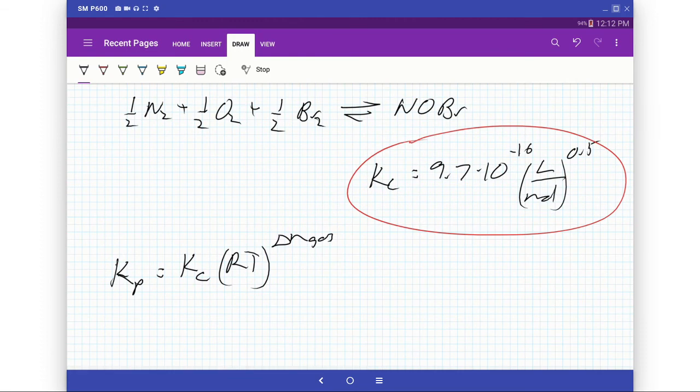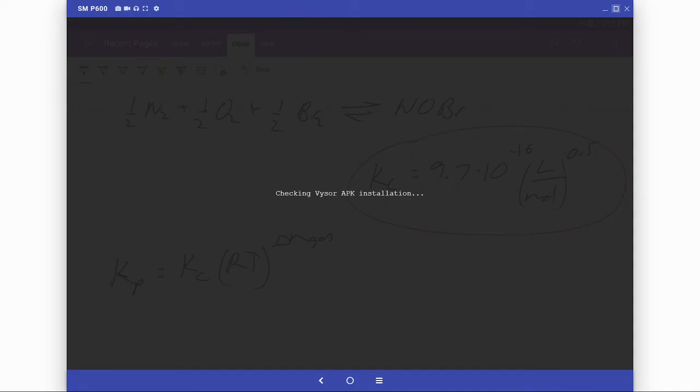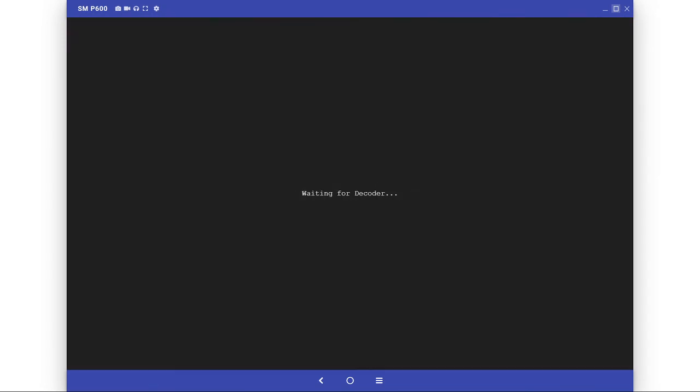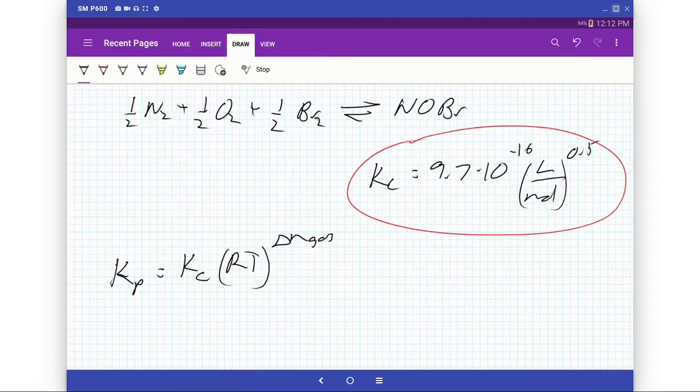I'm going to put you into breakout rooms so that you can go through and calculate the Kp for this reaction. I'll give you about 2 minutes in the breakout rooms to do that. When I come back, please have Kp with the units. And I will see you in about 2 minutes.